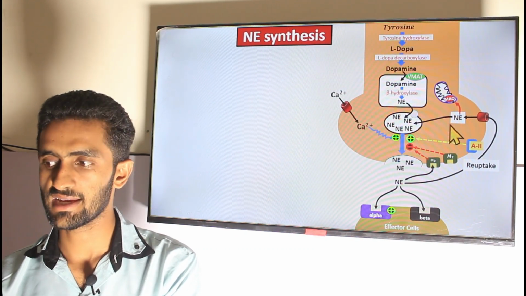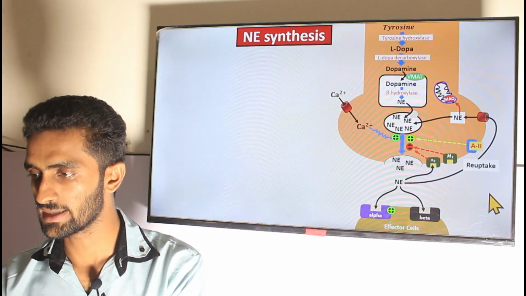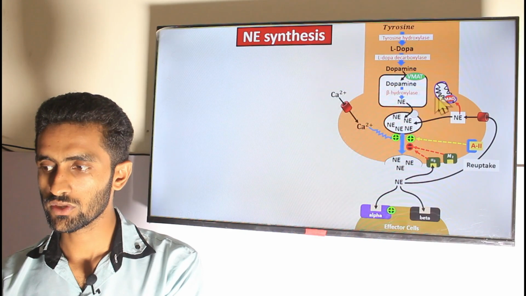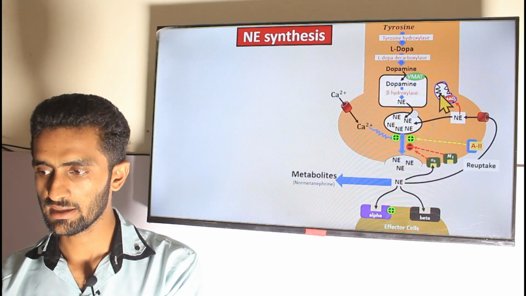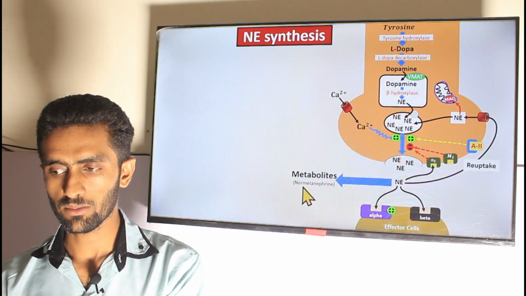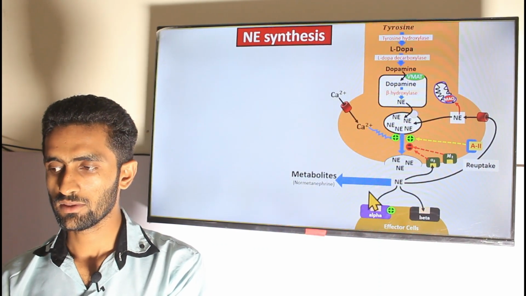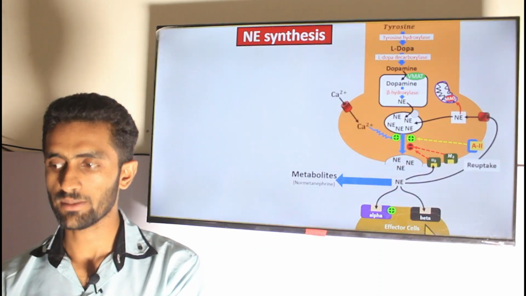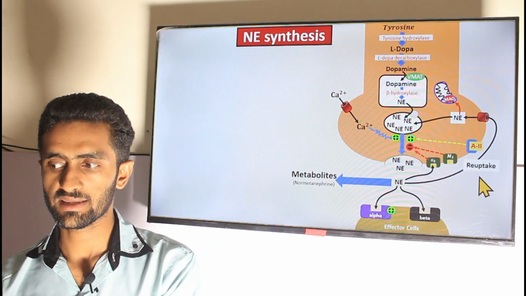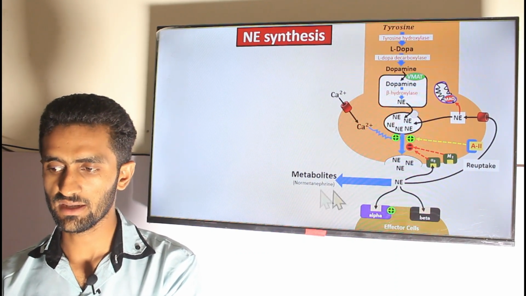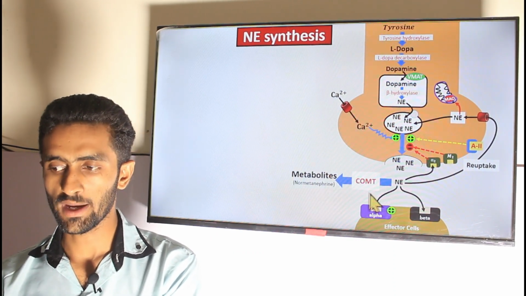Monoamine oxidase can destroy norepinephrine into metabolites. So what we have studied, norepinephrine can go into metabolites. You can say here are 4 targets. Number 1, postsynaptic. Number 2, feedback inhibitor. Number 3, reuptake, and the fourth one is metabolism by COMT.